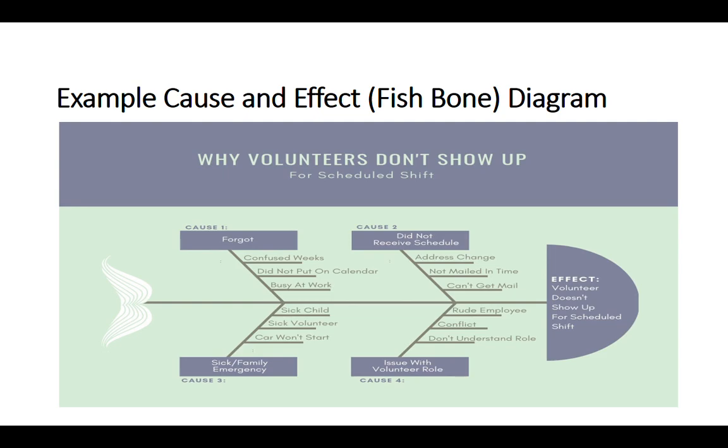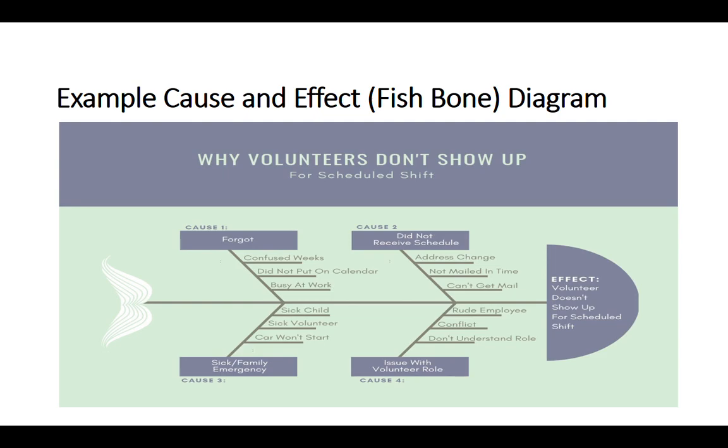Sick family emergencies. Then cause 4, issues with the volunteer's role, which are resulting in that effect, that the volunteer does not show up for the scheduled shift. So the fishbone diagram, the cause and effect diagram, helps us to see what the possible causes are for what we are seeing now.